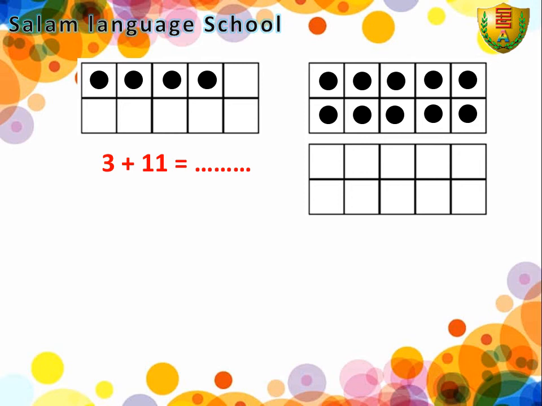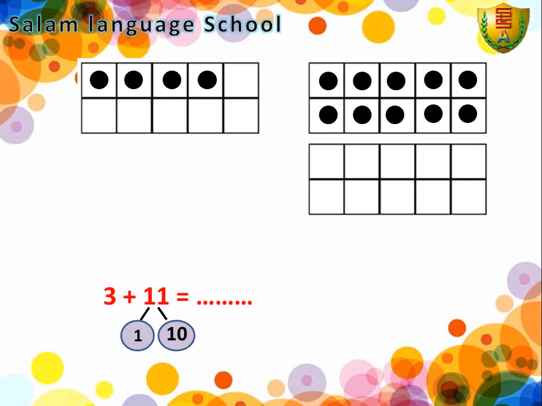It becomes 10 and 4. It is easier to add 10 to any number. We can decompose the number 11 into 10 and 1. The number 1 goes to the 3 to become 4. And the remainder is 10. 10 and 4 is equal to 14.